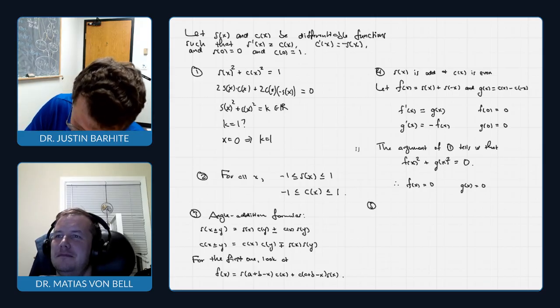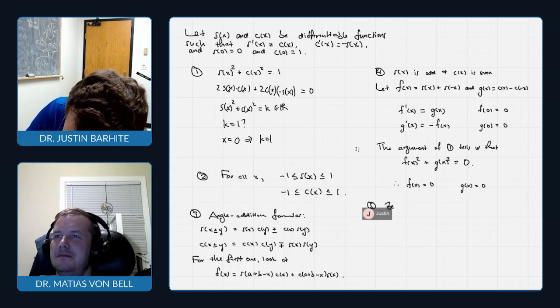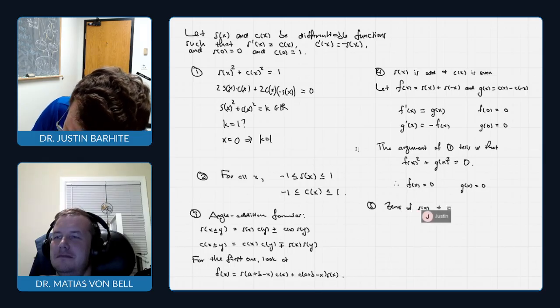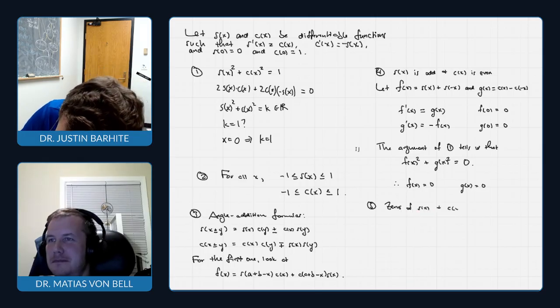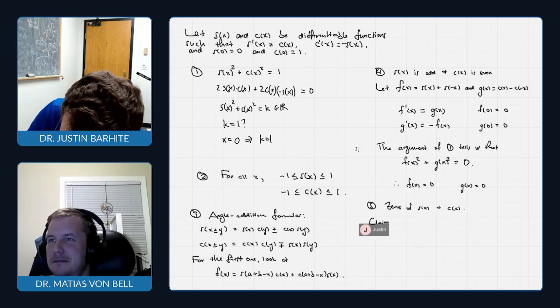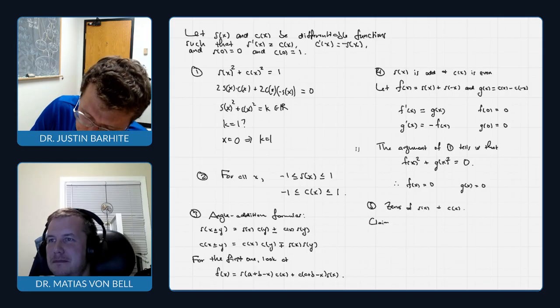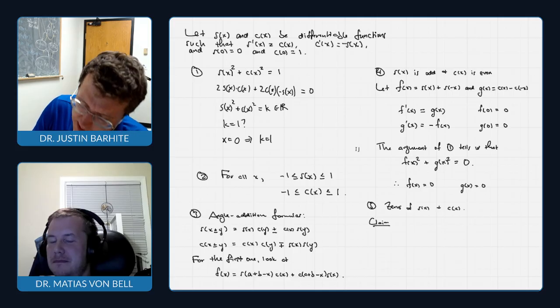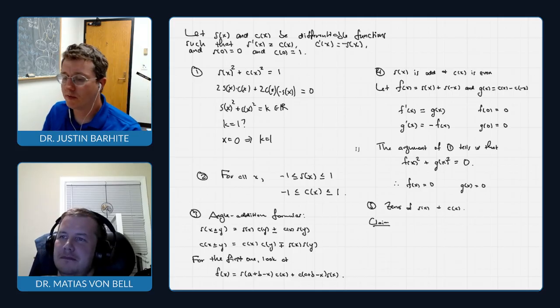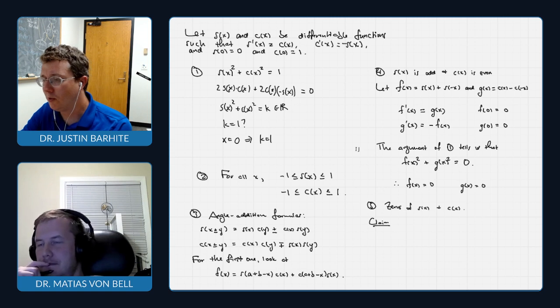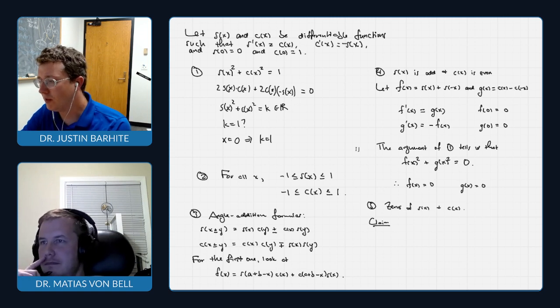So number 5, we're going to analyze the zeros of s of x and c of x. I said before when we were talking about pi that I wanted to define pi over 2 as the smallest positive zero of c of x. What do I need to prove for that to be a valid definition?